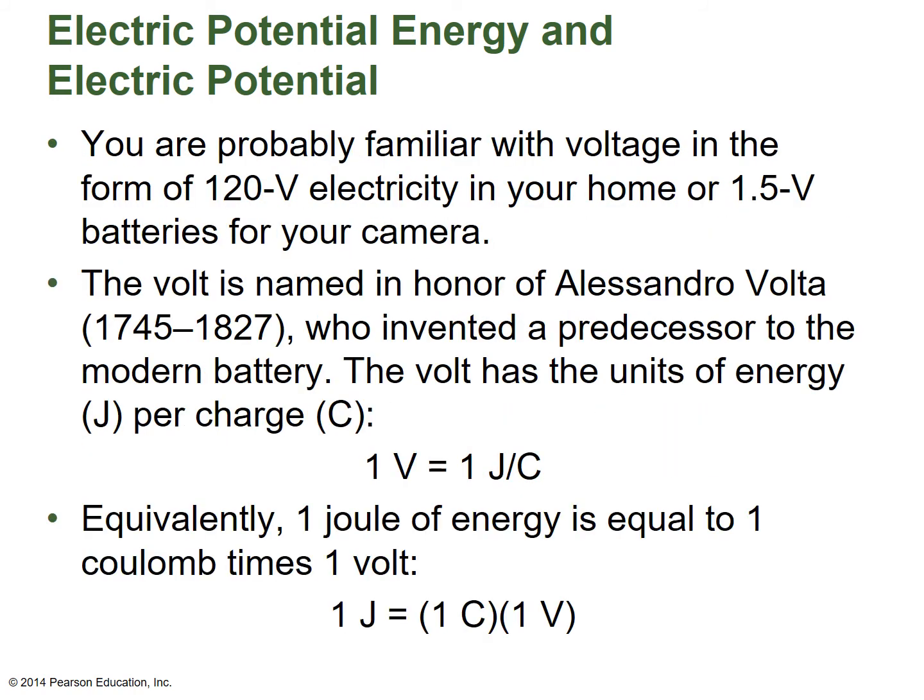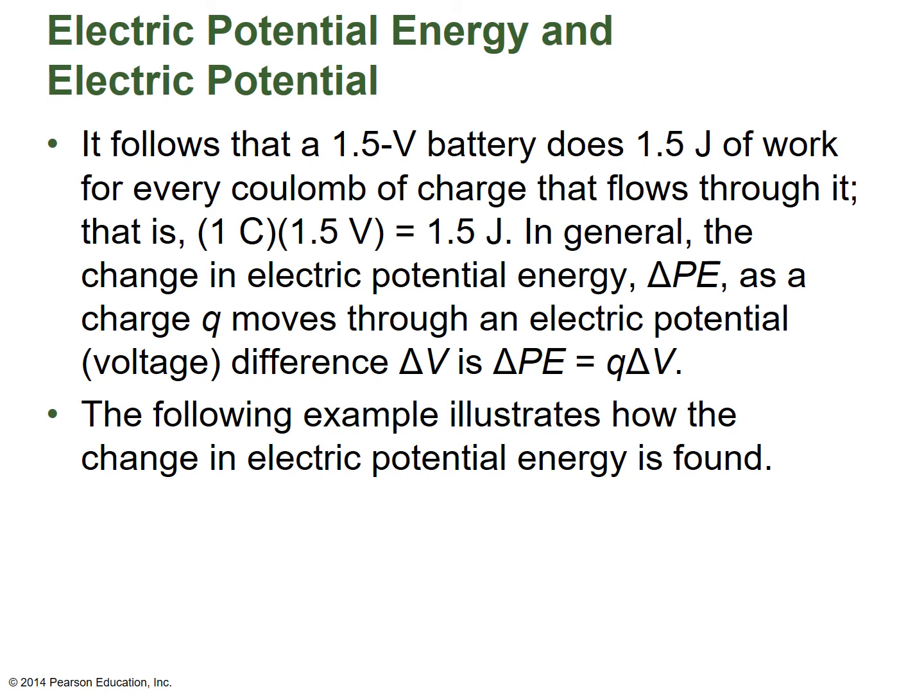Now the unit of electric potential, as you know, is joule over coulomb. This is called 1 volt. 1 volt is equivalent to 1 joule per coulomb. So 1 joule of energy is equal to 1 coulomb times 1 volt. It follows that a 1.5 volt battery does 1.5 joule of work for every coulomb of charge that flows through it.